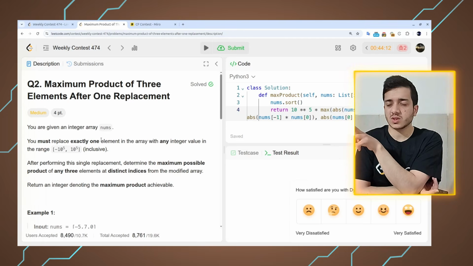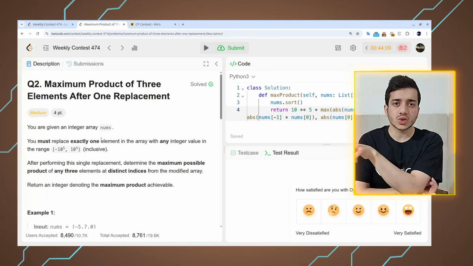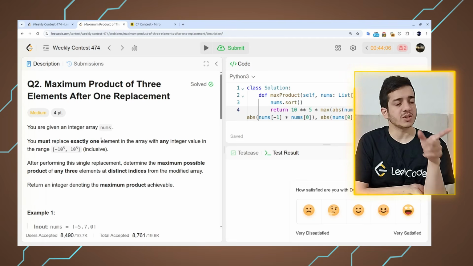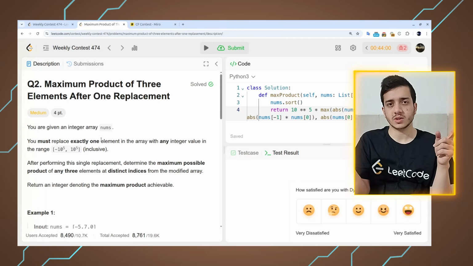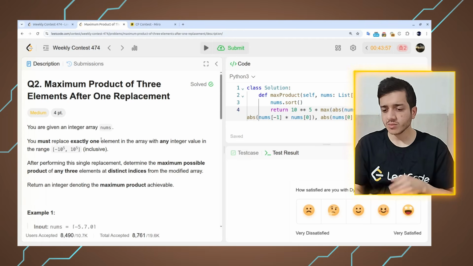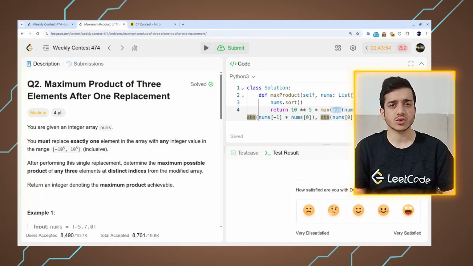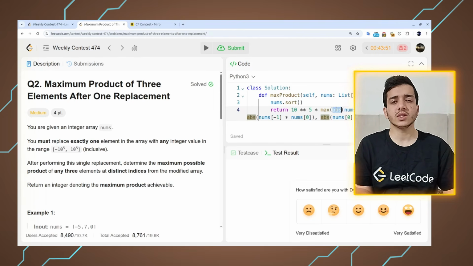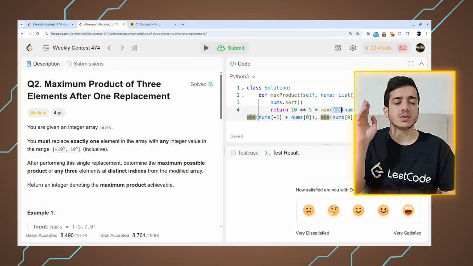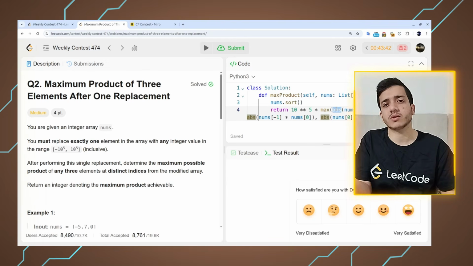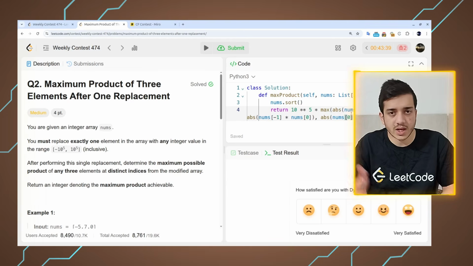So I take the two greatest things, two smallest things, because they can be very large negatives, and one large negative, one large positive, and multiply all of them and take absolute value to make sure they are positive. And finally, I can manage with putting either minus 10 to the power of 5, or 10 to the power of 5 itself, and this can be always achievable.